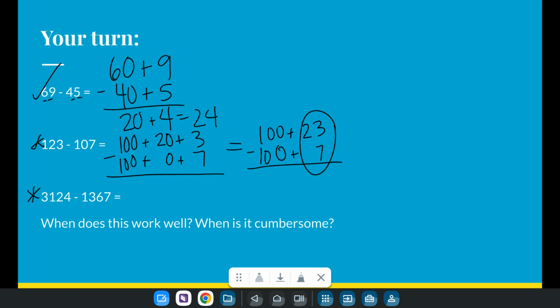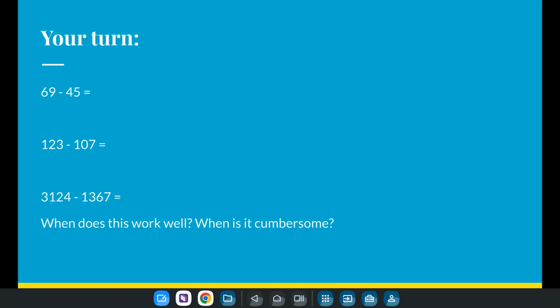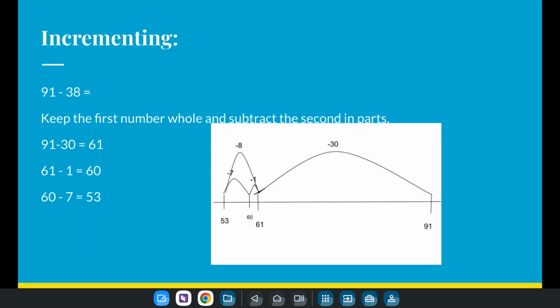And you're going to end up with a lot of negative values having to subtract each part like that. So this strategy can be helpful, but we don't want to leave kids in this strategy. We want kids to understand some more generalizable strategies.